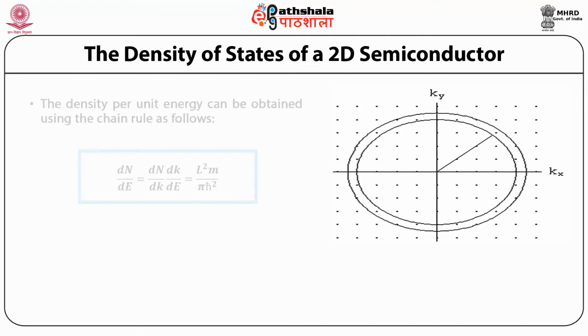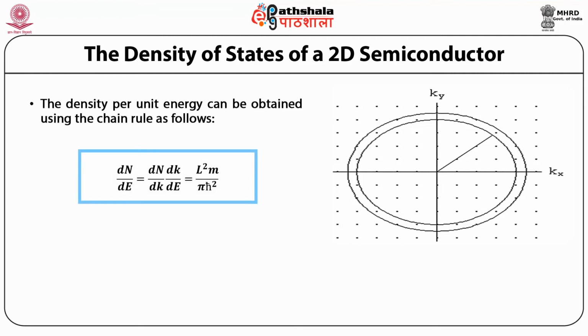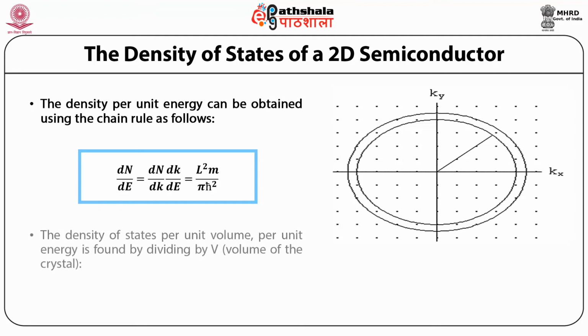So now the density per unit energy can be calculated from the chain rule as dN by dE equal to dN by dk multiplied by dk by dE, equal to L square m by pi h cut square. So the density of states per unit area and per unit energy can be obtained by dividing the above relation by L square.